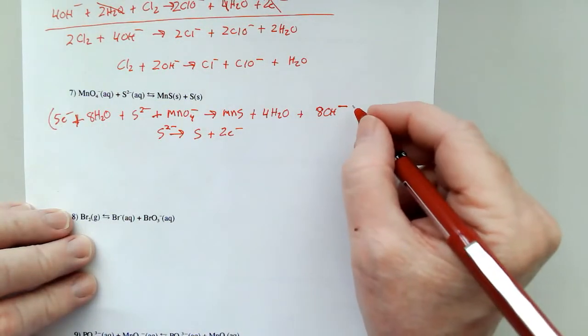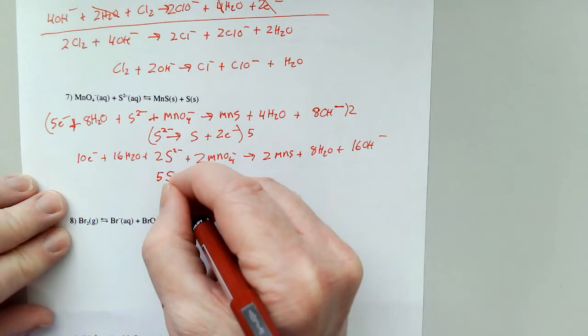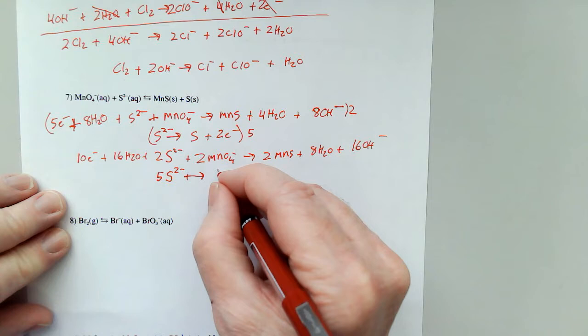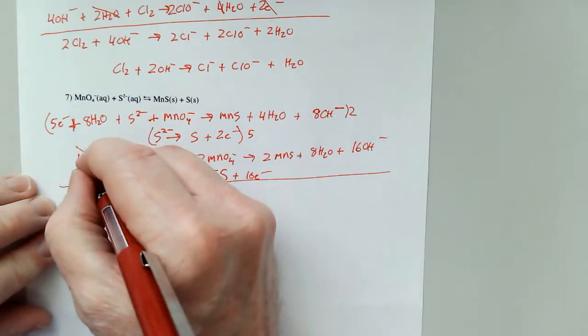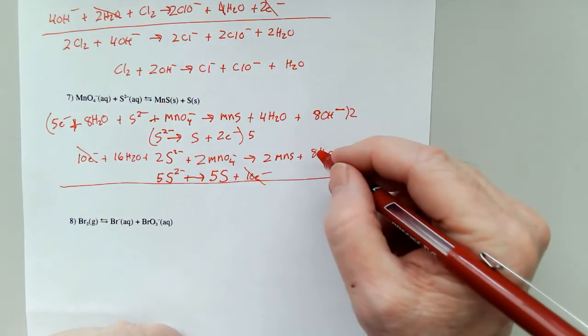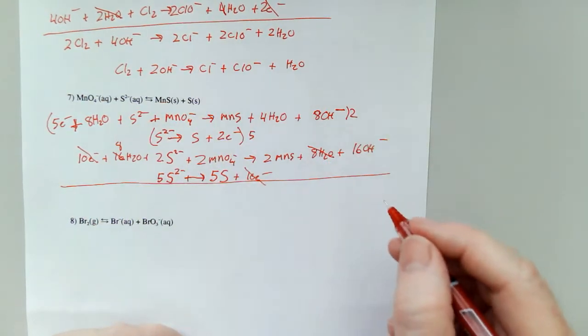So I've got to multiply everything on top by 2 and everything on the bottom by 5, actually just to give me 5 sulfur and 10 electrons. 10 electrons will cancel 10 electrons. 8 waters will turn 16 into 8.